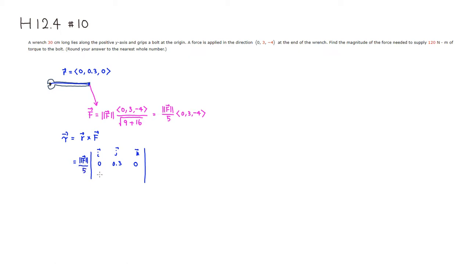Then you have 0, 3, -4, and the magnitude of F over 5 outside, whatever this guy is, we don't know that yet.